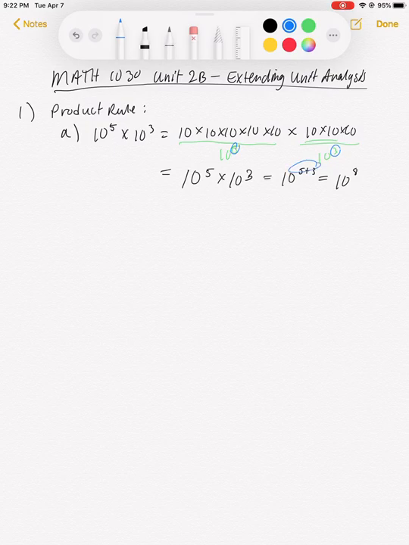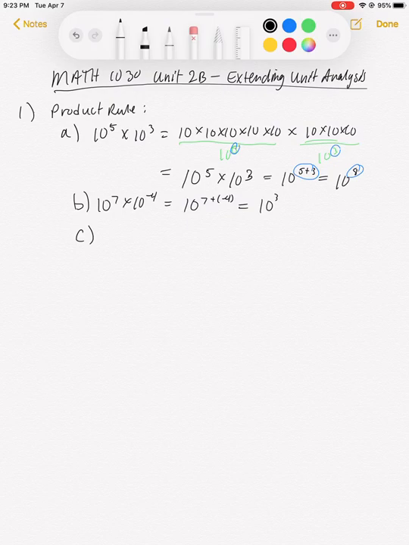We add our exponents, and then we get our answer, 10 to the 8th. Let's go ahead and extend that to the next one. B is going to be 10 to the 7th times 10 to the negative 4th. Extending our shortcut rule, we have 10 to the 7 plus a negative 4, adding the exponents because they have the same base. And we have 10 to the 3rd.